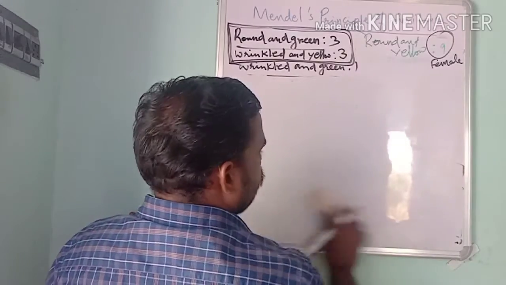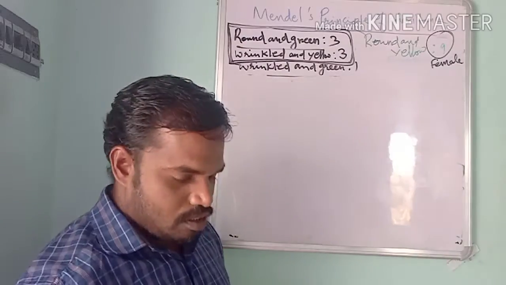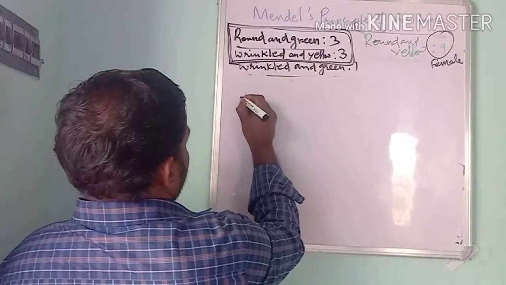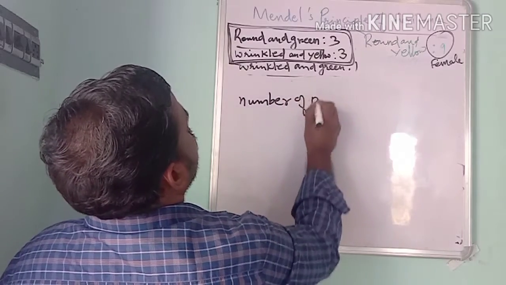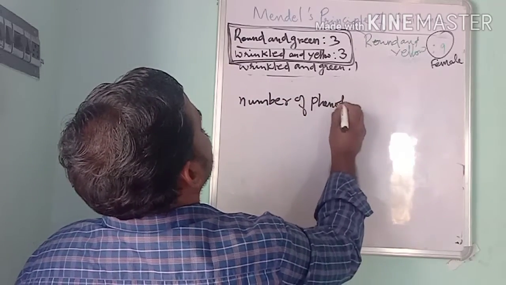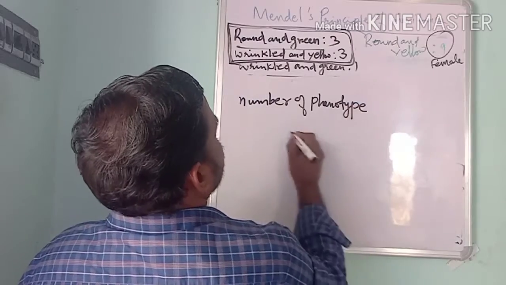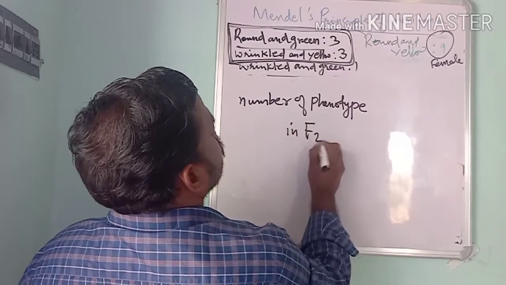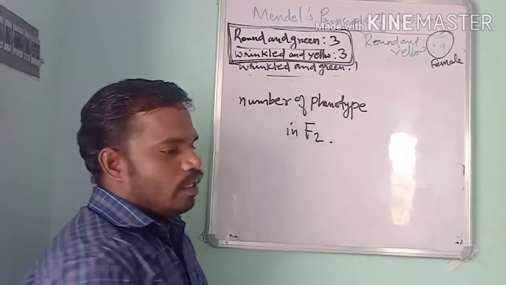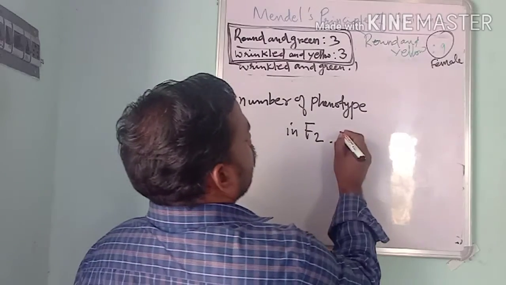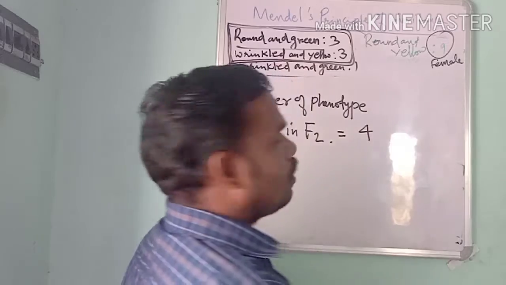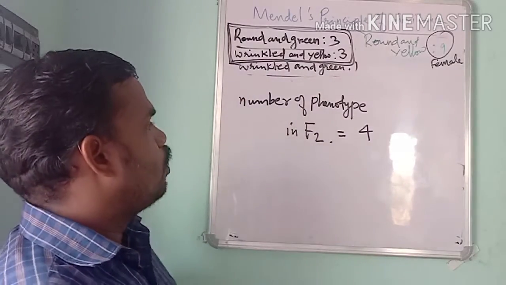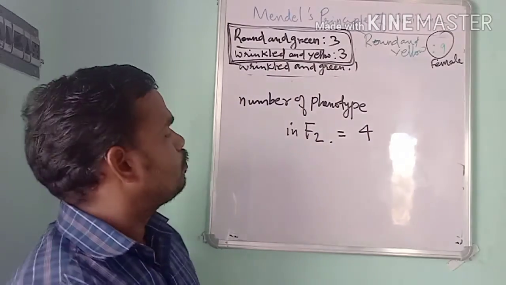எத்தனை phenotypes F2ல கிடைக்குது நமக்கு? Number of phenotypes in F2 generation. Total நமக்கு எத்தனை கிடைக்குது? 4. சரியா? Number of phenotypes in F2 generation.